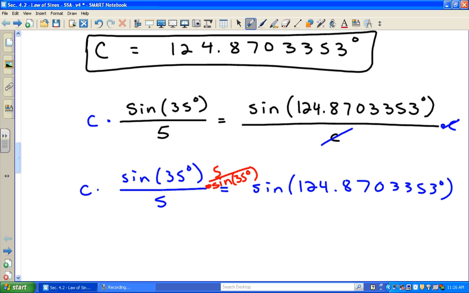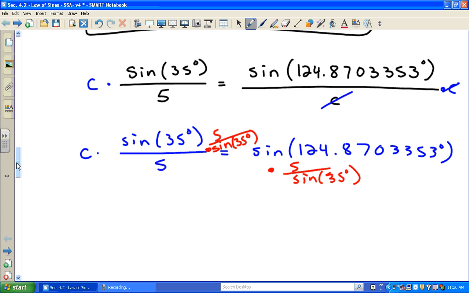So I'm going to multiply both sides by 5 over sine of 35 degrees. On this side, because I'm multiplying by the reciprocal, everything cancels out except for the C. And then on this side, I can plug it into the calculator like this.